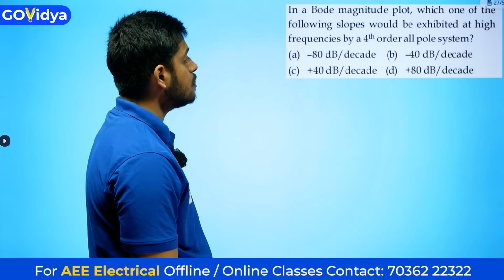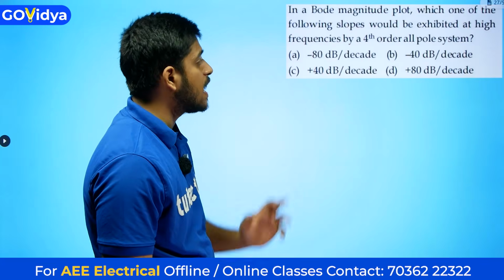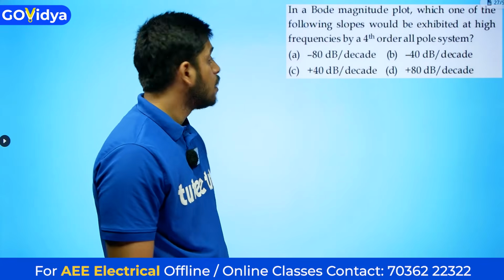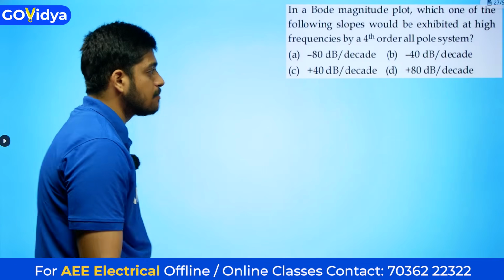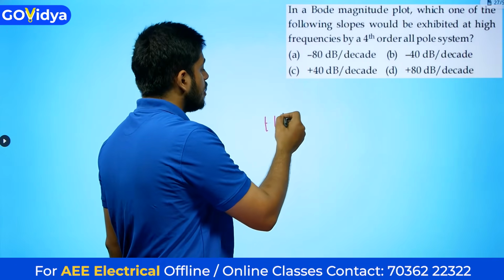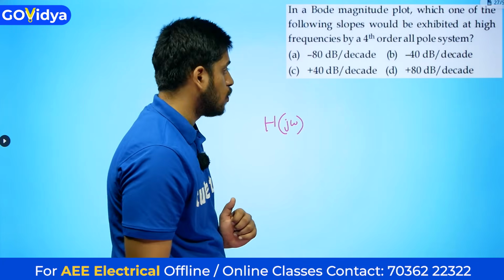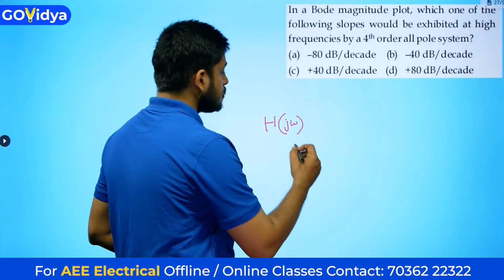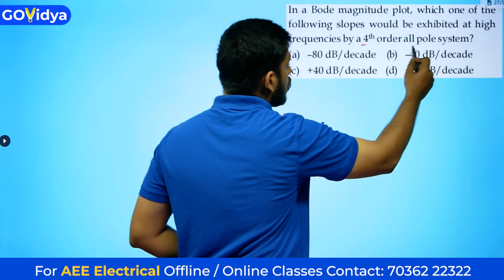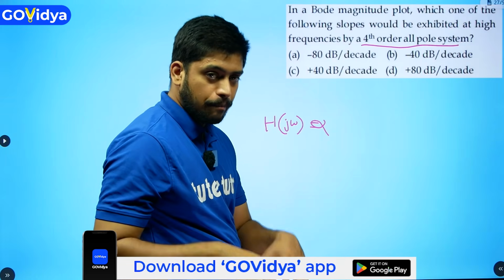Okay. Next question. In the Bode magnitude plot, which one of the following slopes would be exhibited at high frequencies by a fourth order all pole system? Fourth order all pole system is nothing but, now let us consider H of J omega is my system transfer function name. Next, what happens at high frequency for a fourth order all pole system?